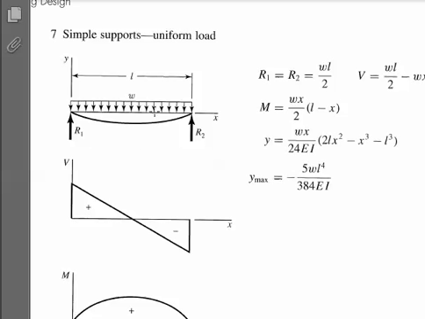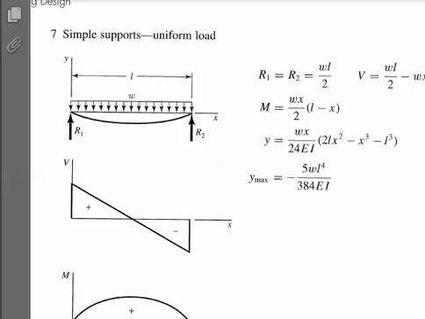Also, we'll measure X positive, heading away from the left end toward the right, and we'll be looking left. Our moment at any point until we reach Q, at a point at location X, is going to be a WX squared over 2 kind of thing.